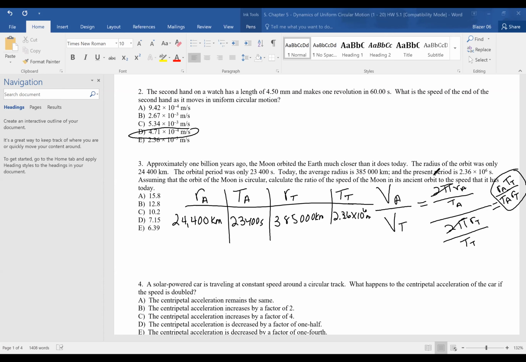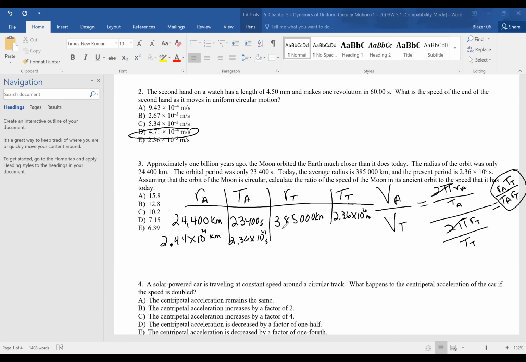So that means that over here, we should say 2.44, this is a decimal, 2.44 times 10 to the fourth kilometers. Right here, we should say 2.36 times 10 to the fourth seconds.